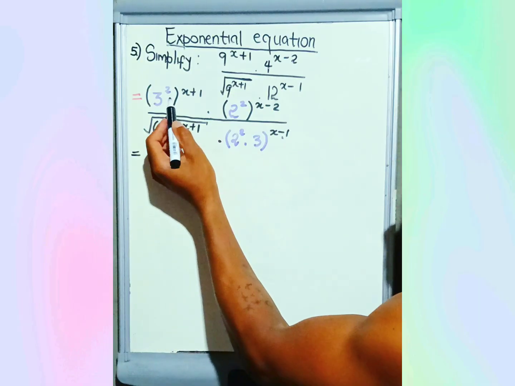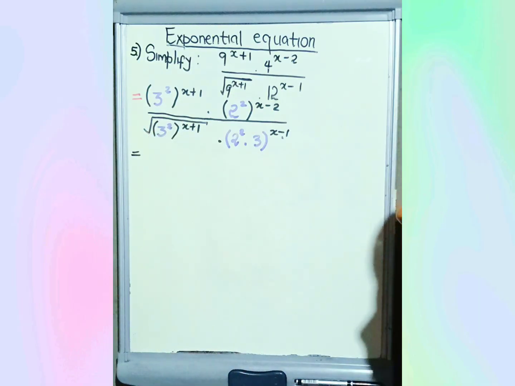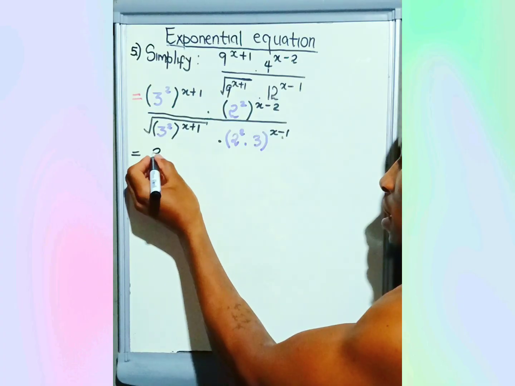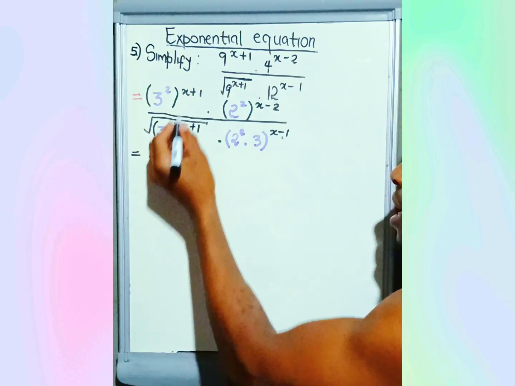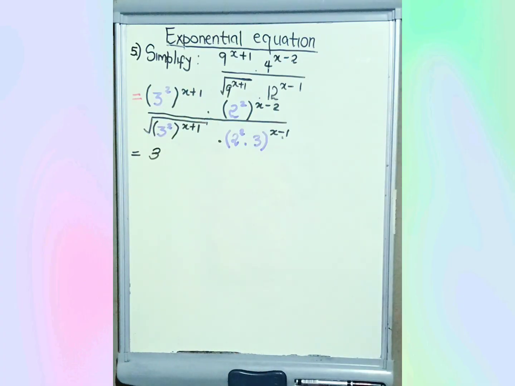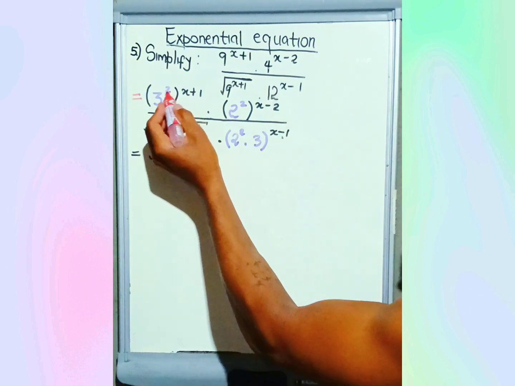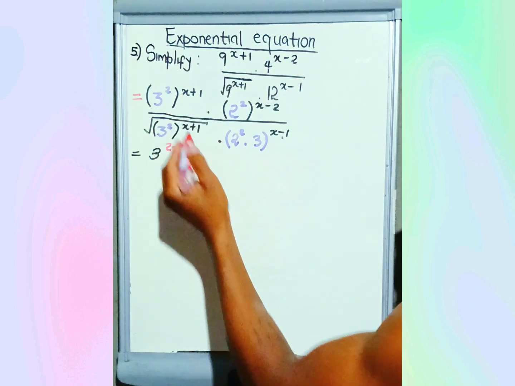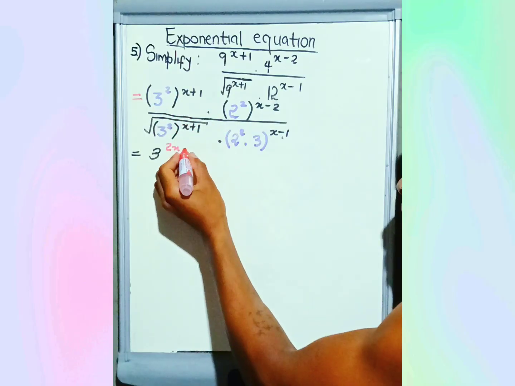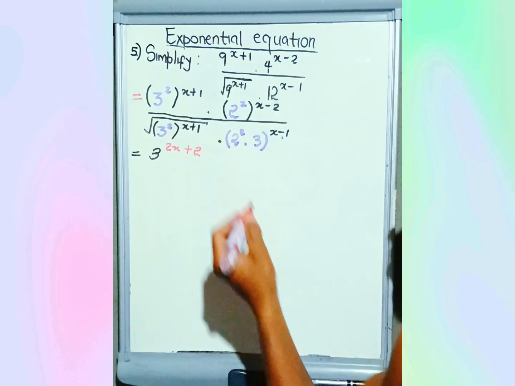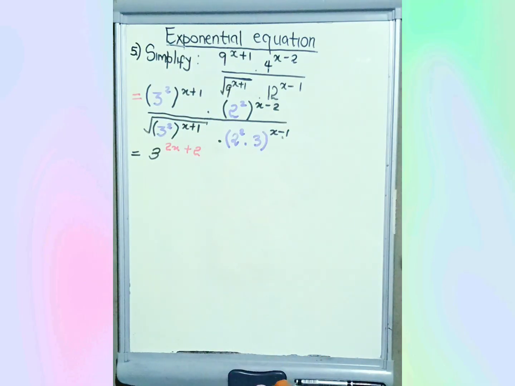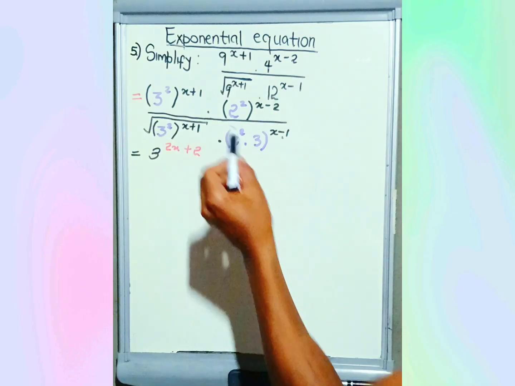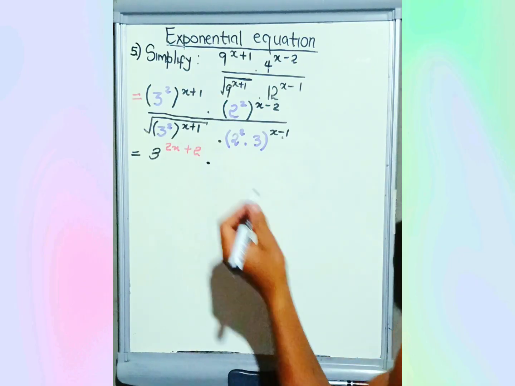Let's remove the bracket. The first base is 3, and 2 times x equals 2x. Then 2 times 1 equals 2. Do you see that? Then the multiplication sign.